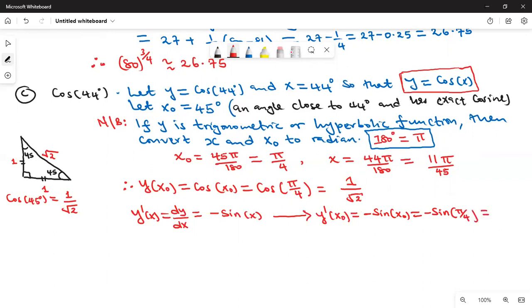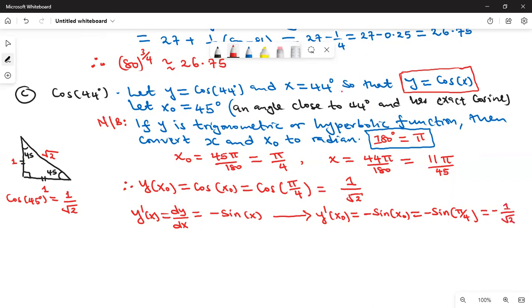What is sine pi over 4? Pi over 4 is 45 degrees. Read from the triangle. Sine is opposite over hypotenuse. And that again is 1 over root 2. So it is negative 1 over root 2.